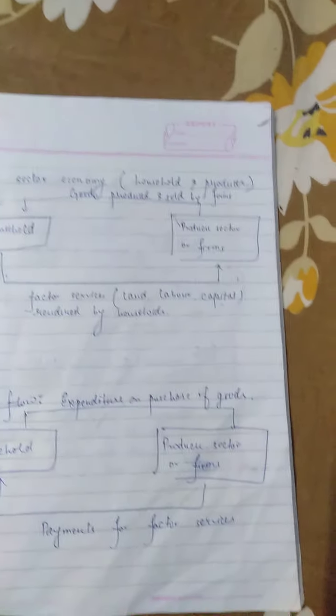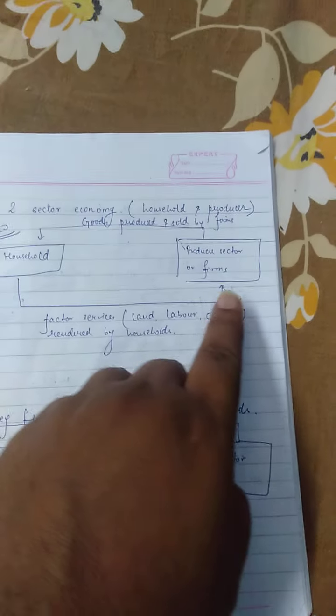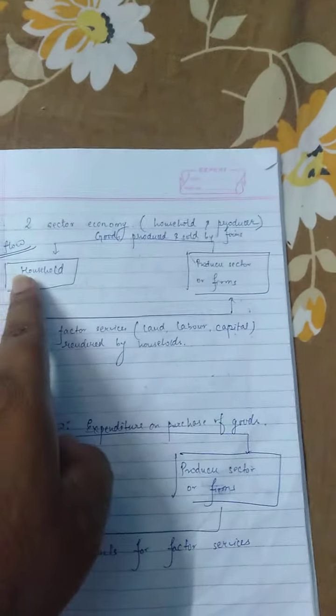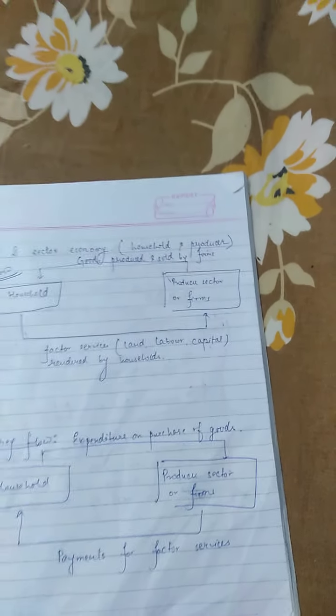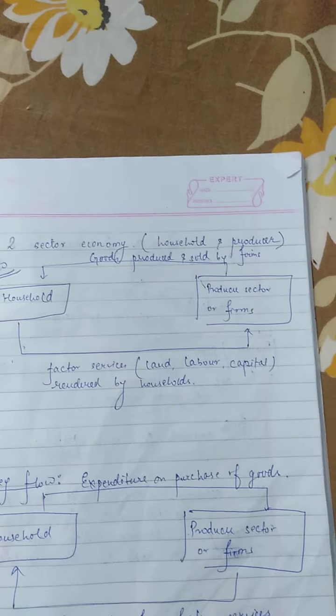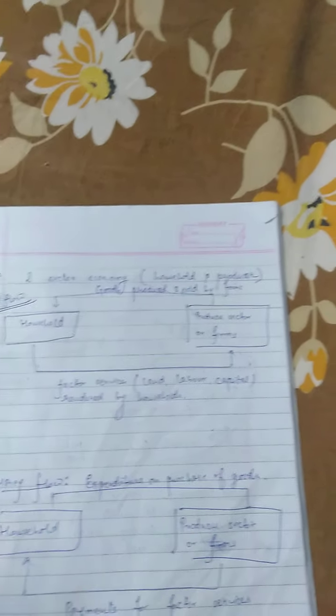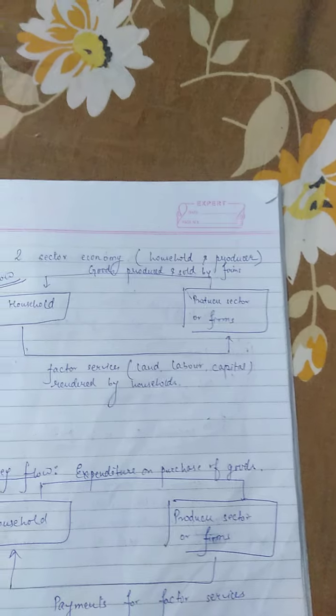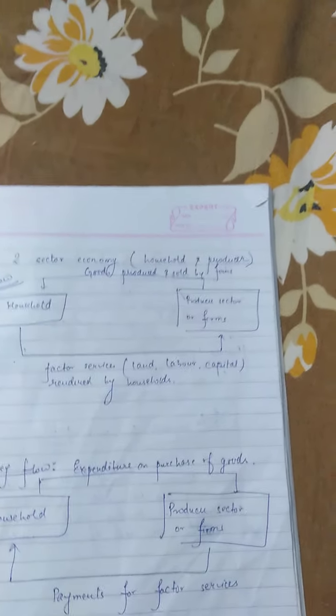You can see over here what the producer does at first: he produces goods for the household and sells them. Since we are talking about real flow, it does not include any monetary concept. It only includes the flow of goods and the flow of services.